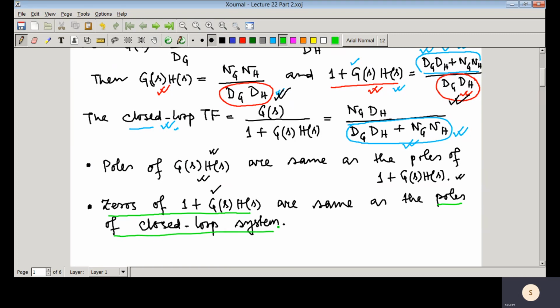So if the contour encloses any zeros of 1 plus g of s h of s, then the system would be unstable. But if it does not encircle any zeros of 1 plus g of s h of s, then the system would be stable.